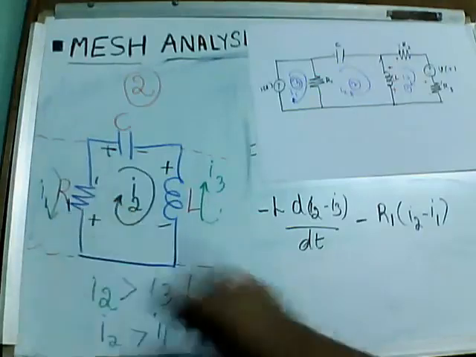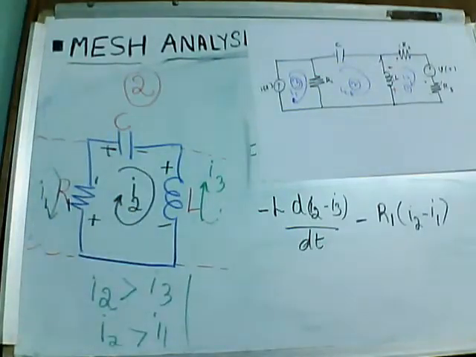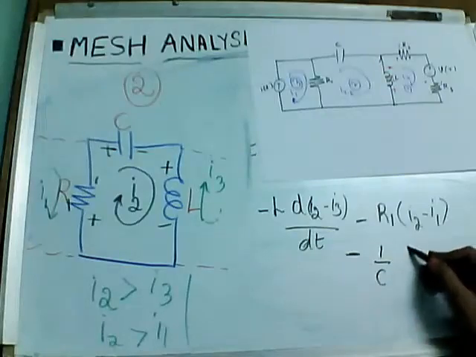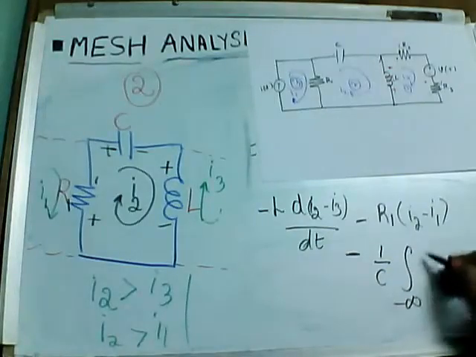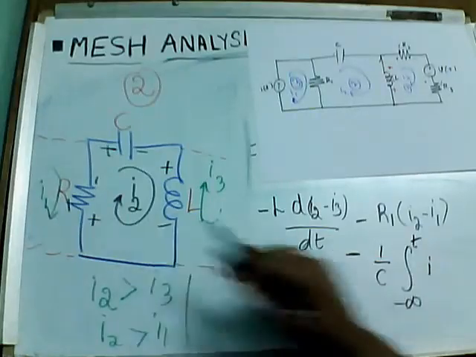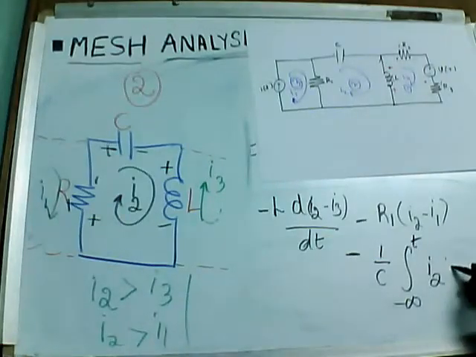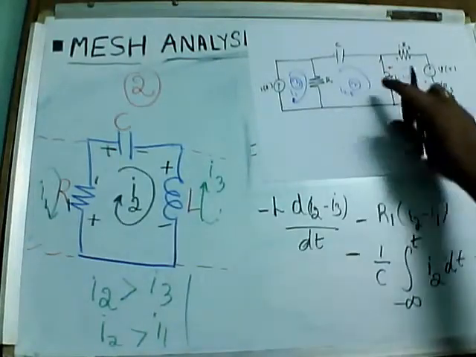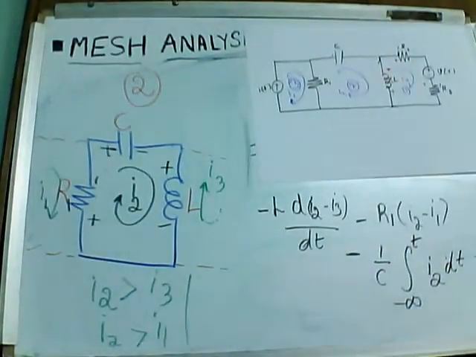This is attached to these two meshes. Minus 1 by C integral from minus infinity to t of I2 dt. This is the mesh equation for mesh 2.